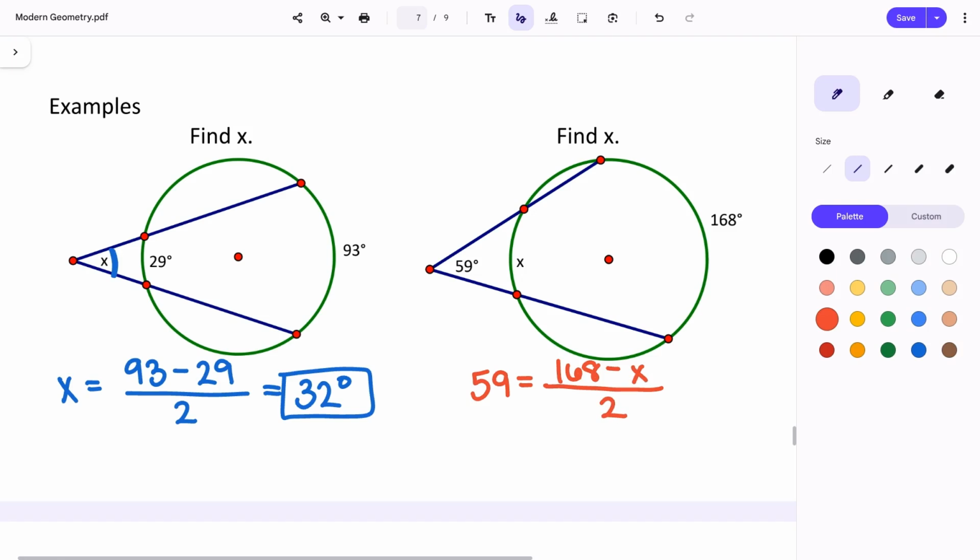Okay, why don't you guys take a second and see if you can solve this one on your own. Someone want to tell me what they did?